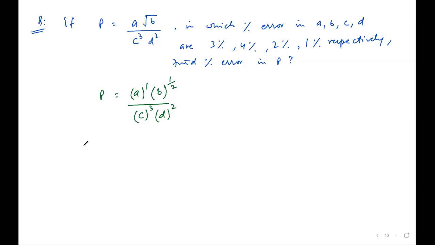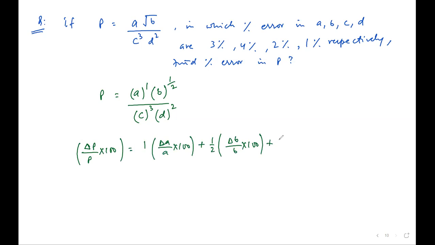So according to the law of exponential, delta P by P into 100, as percentage error in P, is equal to 1 as exponential of A times delta A by A into 100 plus half as exponential of B, so it will be delta B by B into 100 plus 3 as exponential of C, so it will be delta C by C into 100 and 2 as exponential of D, so it will be delta D by D into 100.